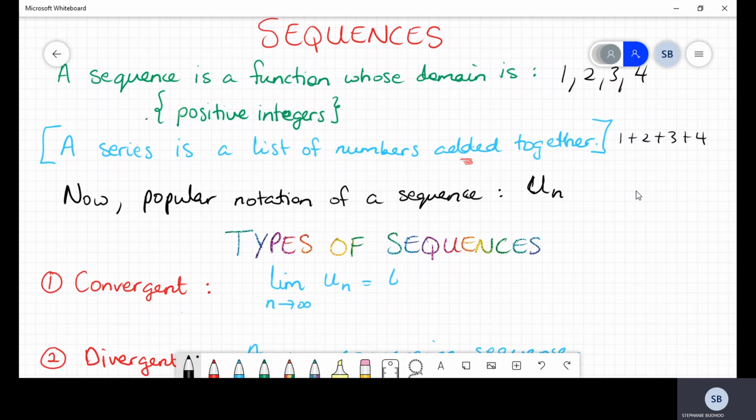Right, so we also have periodic sequences, and we also have oscillating sequences. Okay, so let's get into a little bit about the convergent. Let's get a visual understanding of exactly what a convergent sequence may look like.